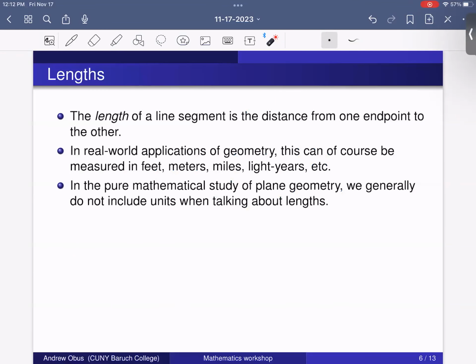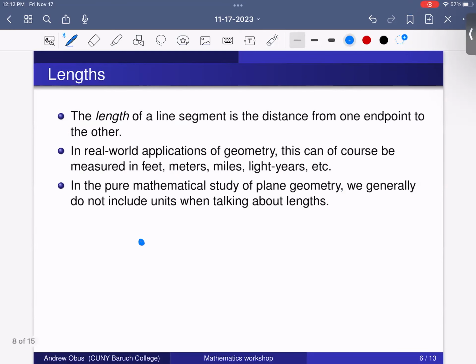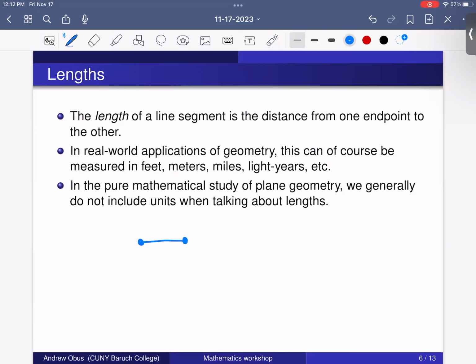So we also talk about lengths. There's not that much to say about length. The length of a line segment is the distance from one endpoint to another. Everybody knows what a length is. We have a line segment with two endpoints. The length is just the distance. In real-world applications of geometry, of course, we measure lengths in whatever unit of measurement you need.